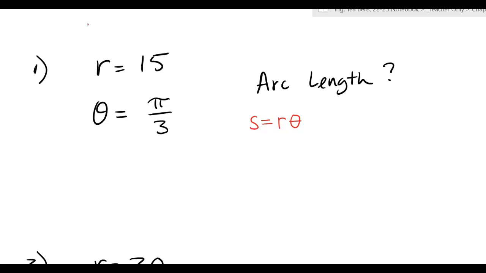We know that this angle is in radians because it contains pi. So what we're going to do, let me just start a new line. We're going to take our radius, which is 15, multiply by our angle, pi over 3. So 15 pi over 3. 15 over 3 would simplify to just 5. So our answer would be 5 pi.